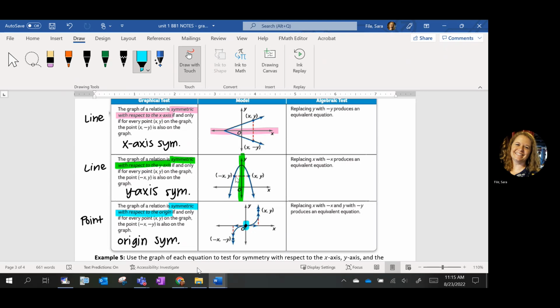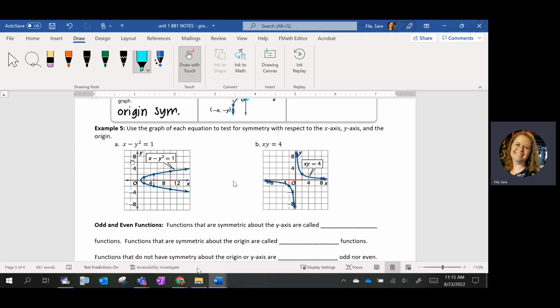All right, so let's look at these two examples here. We're not going to worry about the algebraic test or anything, just visually looking at these, tell me what type of symmetry you see. Do you see one of those three that we just went over, x, y, or origin symmetry? For graph A here, what do you see? X-axis symmetry, good.